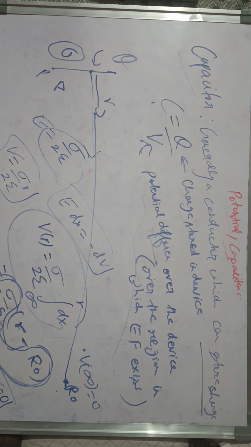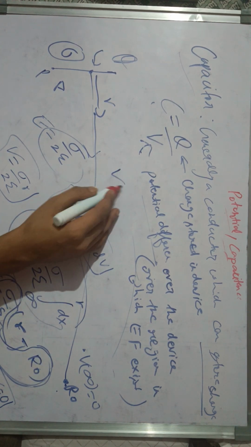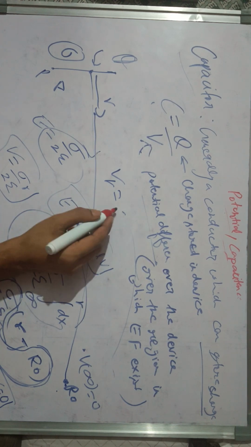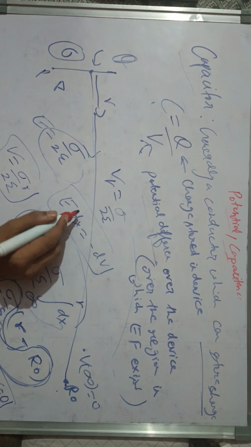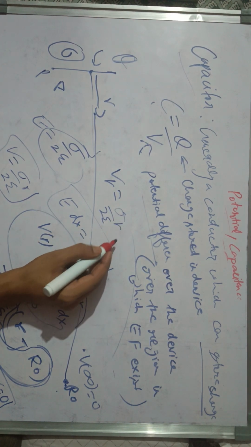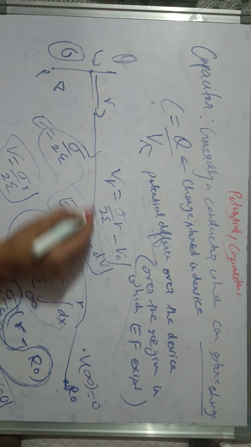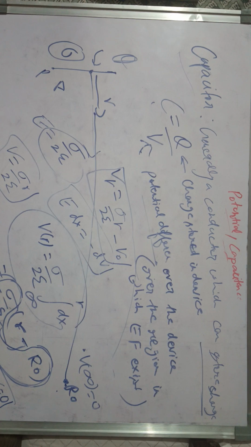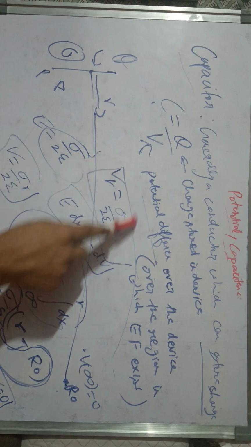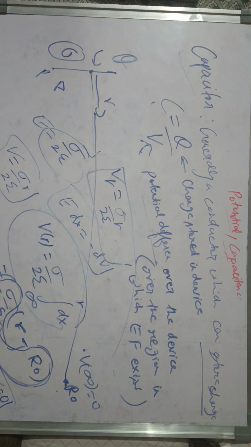So I have to take a constant value. V of r will be equal to sigma by 2 epsilon naught into r minus some constant value V naught. This is a very large value, but it is a constant value. We can avoid this value also, and the value of this potential becomes this.